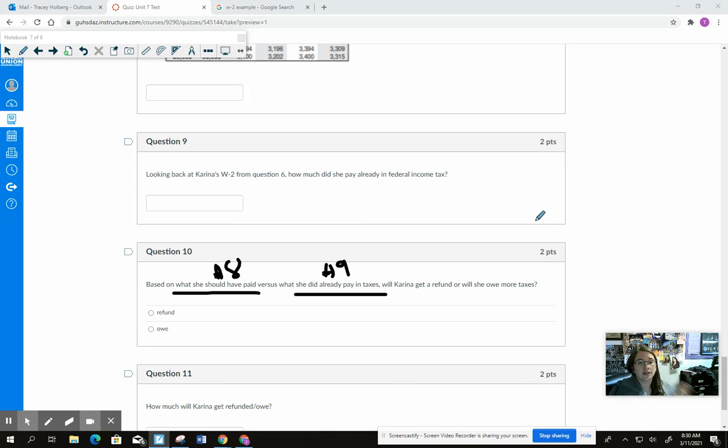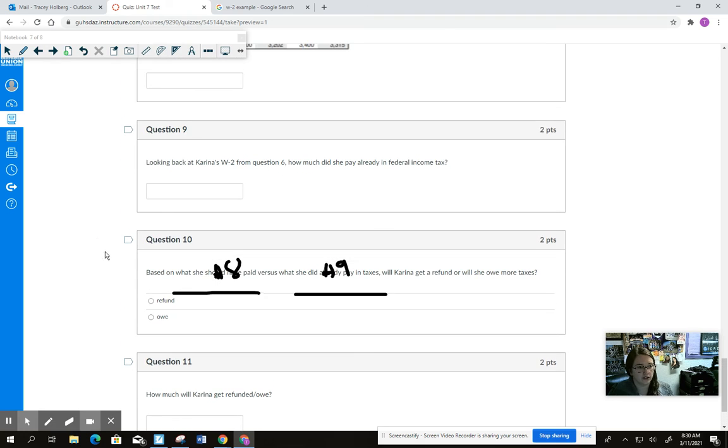Whichever one is bigger tells you if she gets a refund or if she owes. So 8 ended up being bigger, right? So that means that she should have paid more and she didn't pay enough. That's why she owes, because the answer in number 8 is bigger.